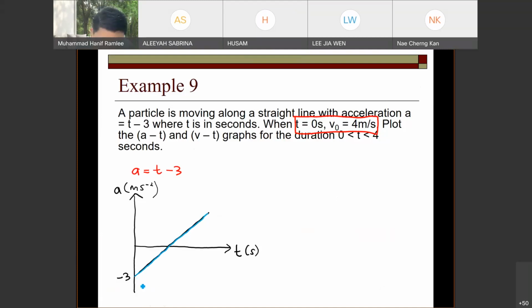Okay, this is your graph, and then we can see that this is 4, this is 0. But you have to get the intersection at the t axis.